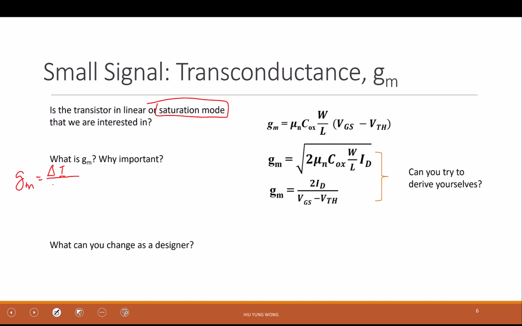Delta I over delta V. Which I? You have three terminals. Which I are we talking about? IDS. And which V are we talking about? VGS. Because it's trans, it needs to be a different terminal, right?